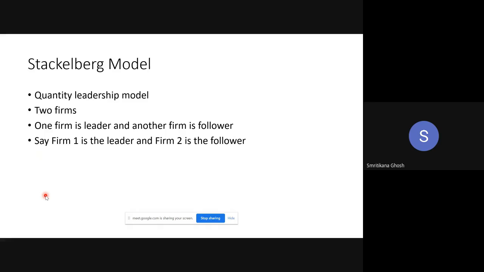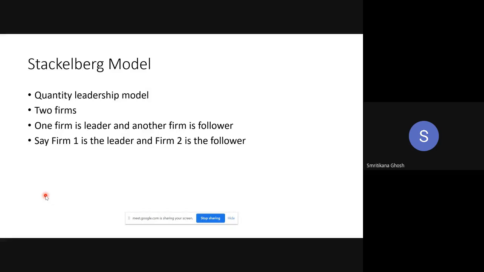Is that okay? So the follower knows that whatever I do with my quantity, the leader will not change his decision. But the leader knows that there is a follower. So if I change my decision, the follower will change his decision.